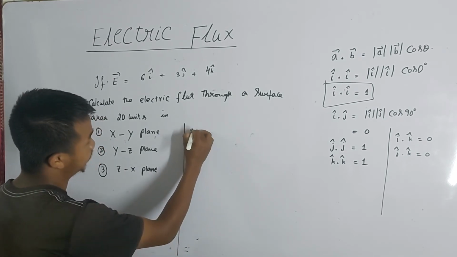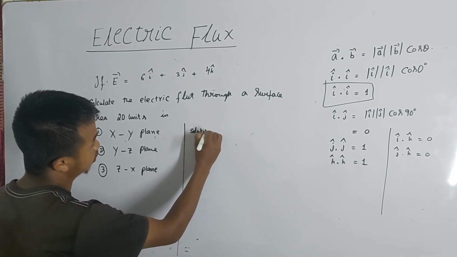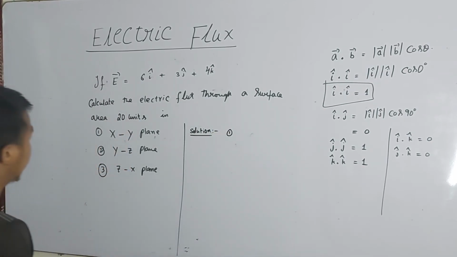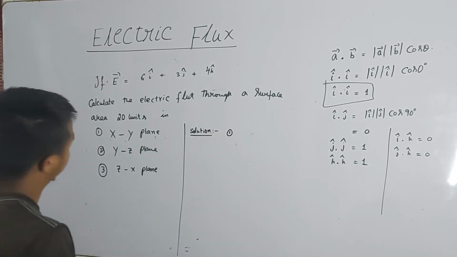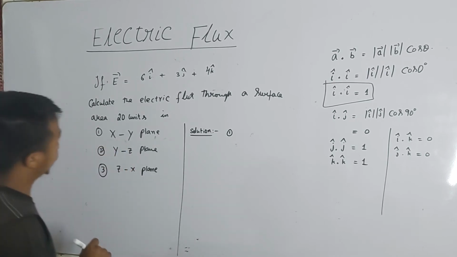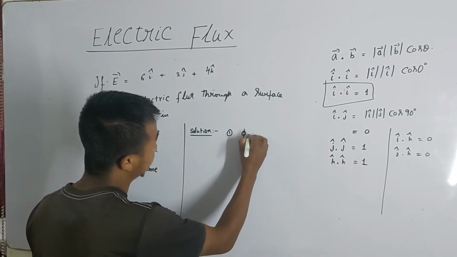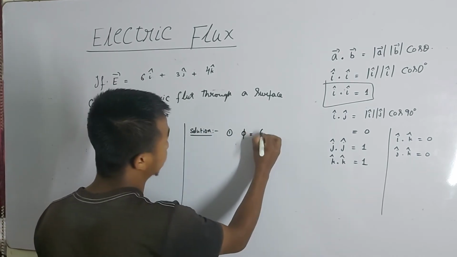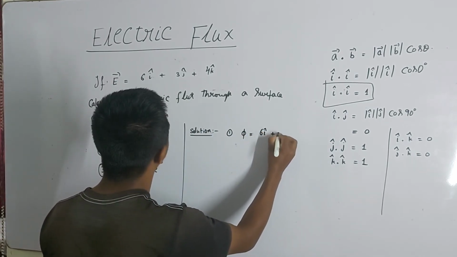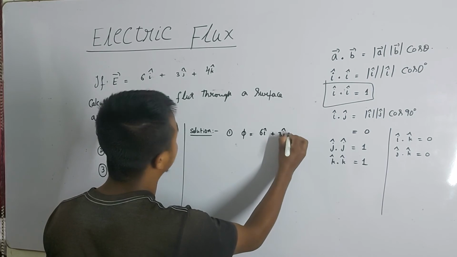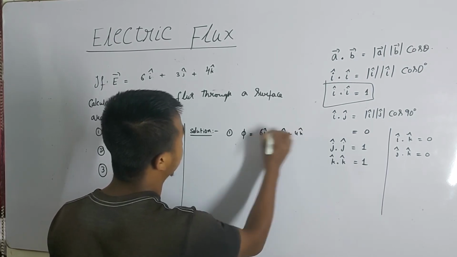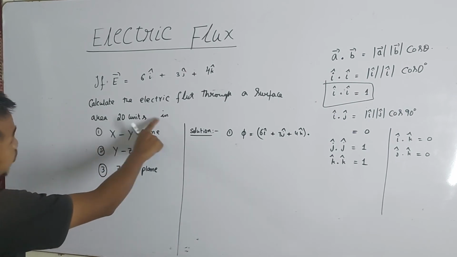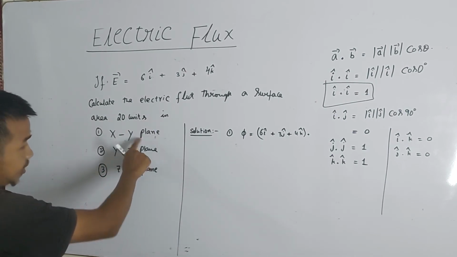Solution, number 1. What is the electric flux through the xy plane? Phi equals E, which is given as 6i plus 3j plus 4k, dot 20 units in the xy plane.